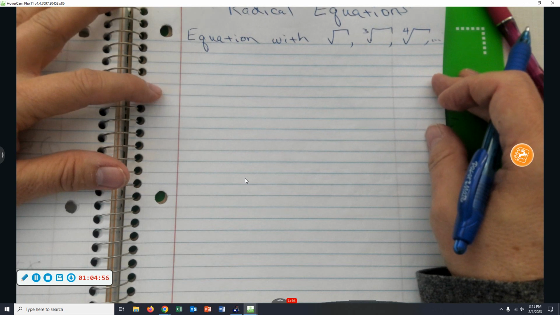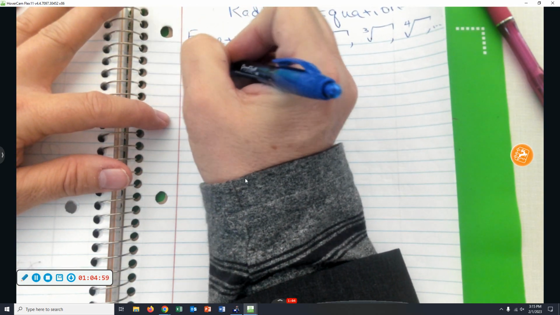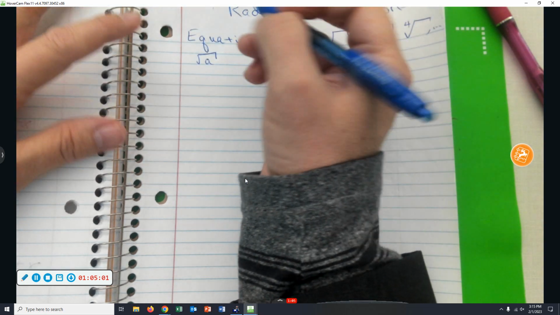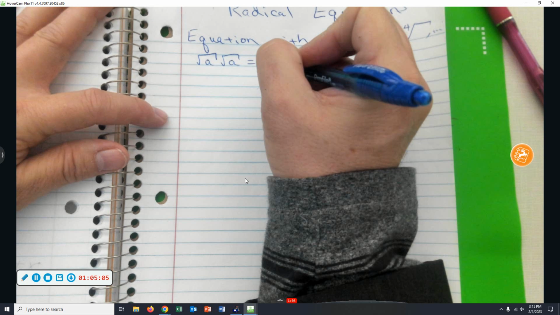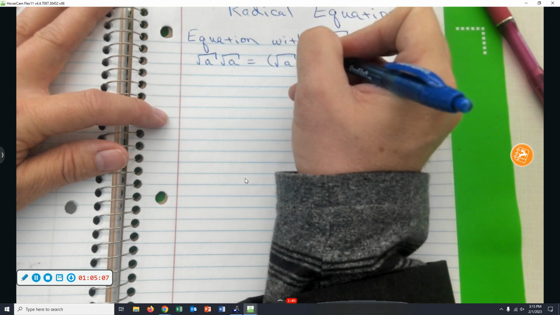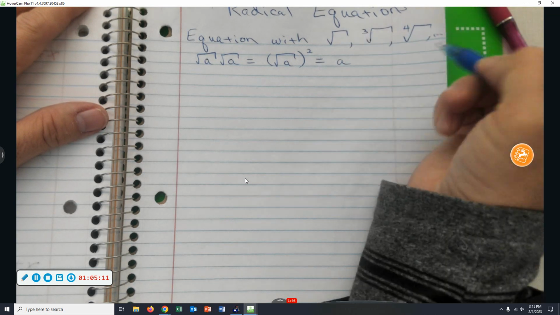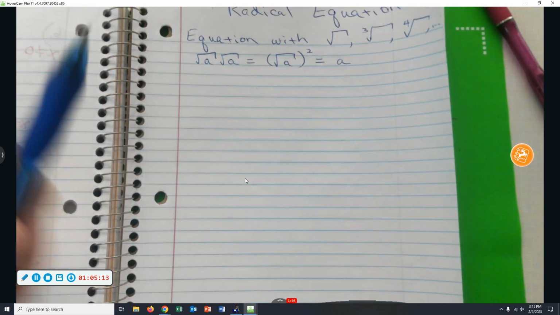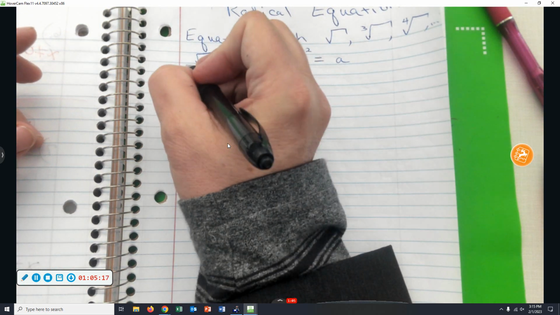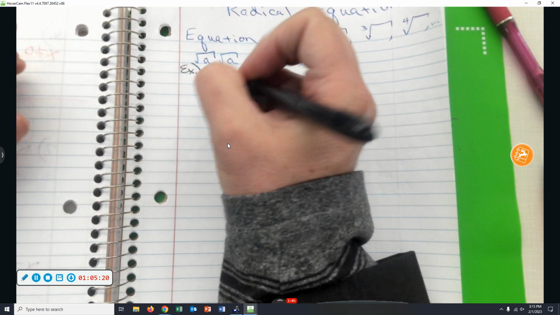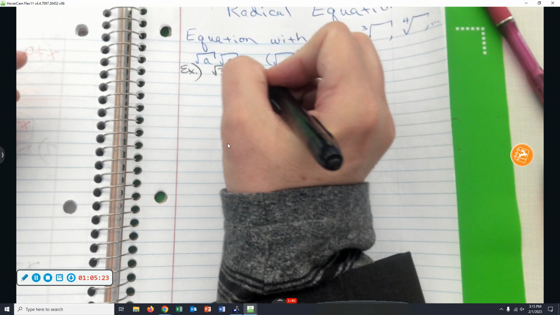Here's the rule from the first time. We said that the square root of a, where a was any number, times the square root of a is the same thing as the square root of a squared, and that gave us just a. I recall a problem on your first homework, something like the square root of 3 times the square root of 3.